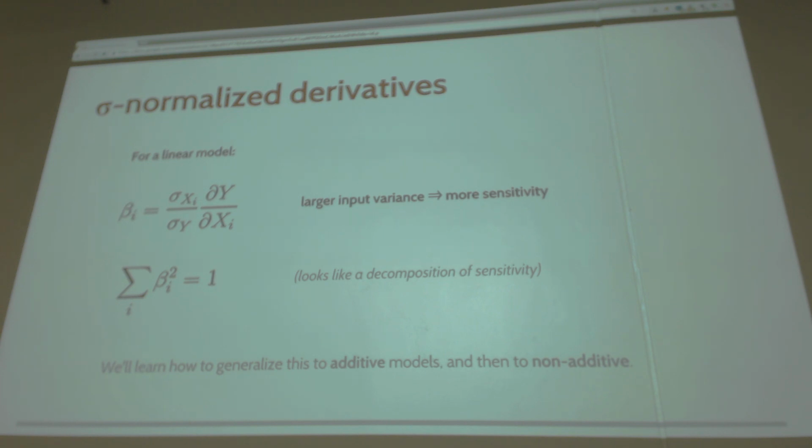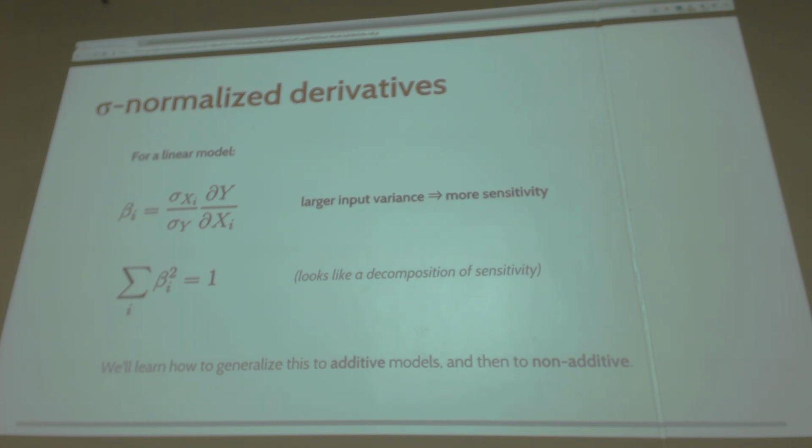When people are analyzing the sensitivity of linear additive models, we're actually not looking at the derivatives, we're looking at derivatives normalized with respect to variance. So we're multiplying the derivative by the variance of the input and dividing by the variance of the output. This way, inputs that are more variable, we're considering them more sensitive. This is called sigma normalized derivatives.